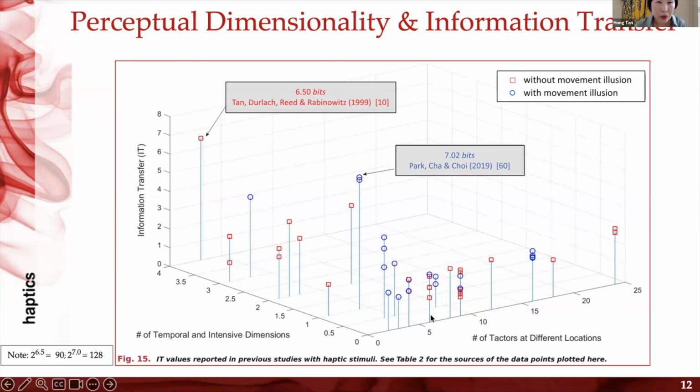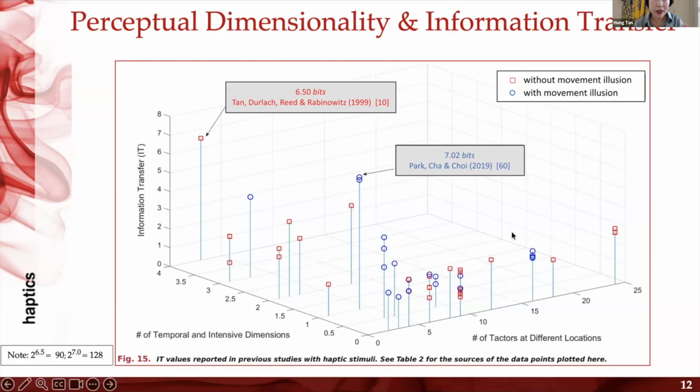These are the data points, and you have two colors here. The blue ones involve the movement illusion I just mentioned. You turn a sequence of them on in a particular order, and they create this illusion of something moving on your arm, on your back. And red is just a signal at a particular location. You turn it on with some duration, frequency, amplitude, and all that.